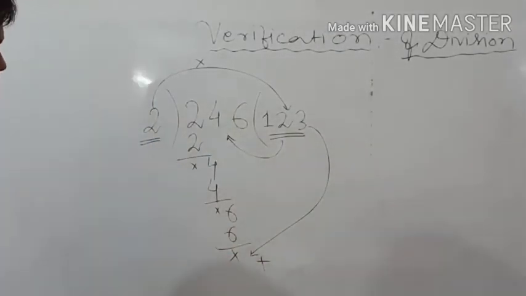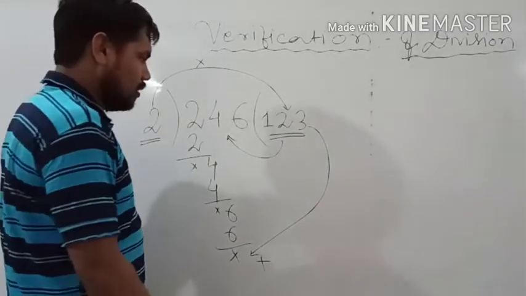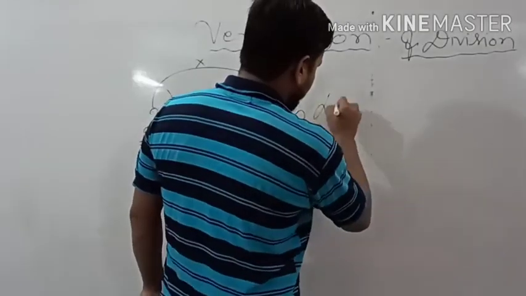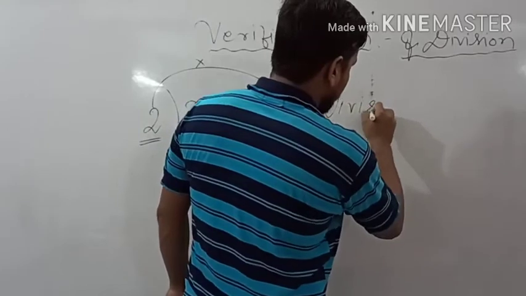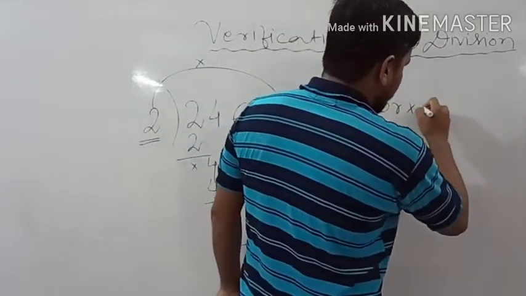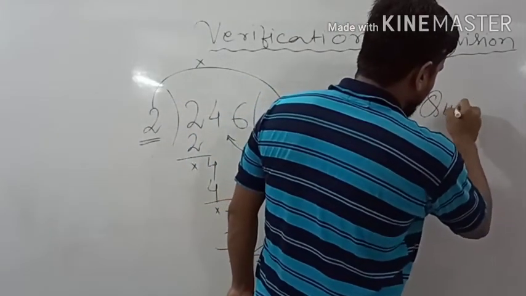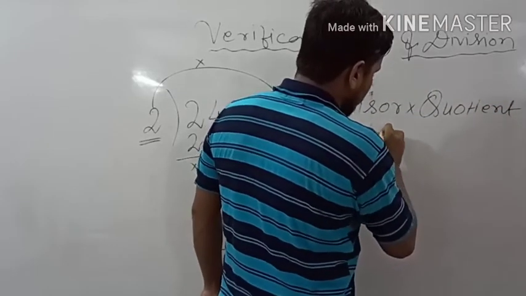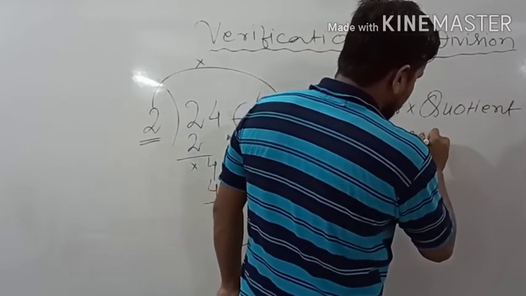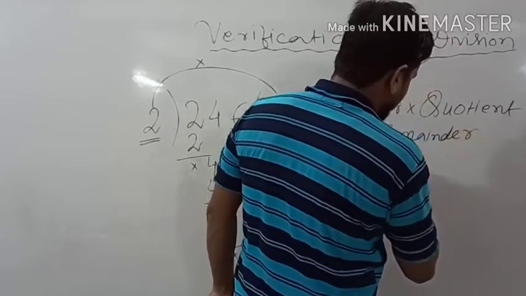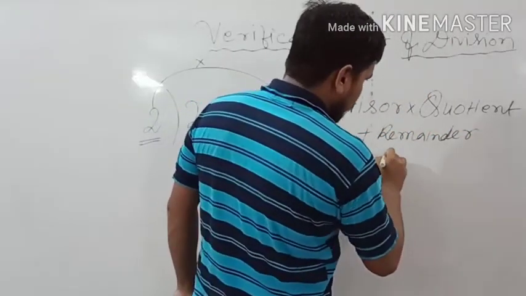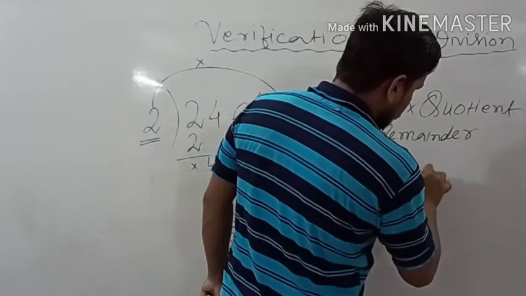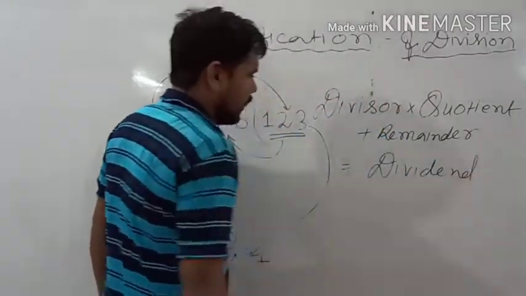Okay. So the actual relation between these is: divisor multiply quotient plus remainder is equal to dividend.